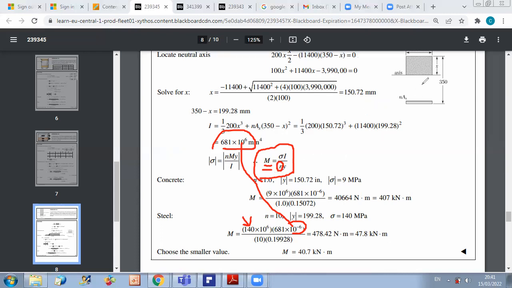And y represents here, because we are designing based on the maximum tensile stress, the distance from the neutral axis to the steel level. Here for steel, you just have one level because you are neglecting thickness, while for concrete, we always select the farthest point.